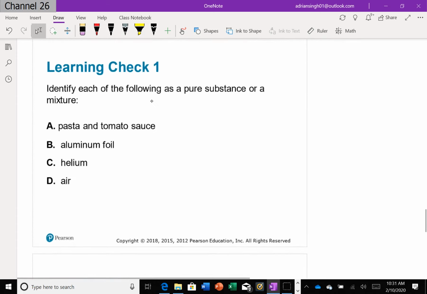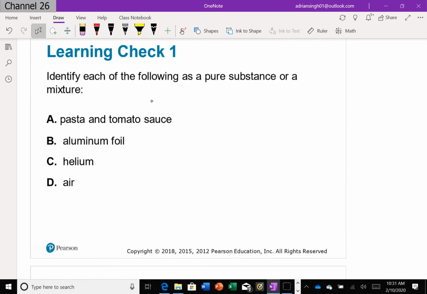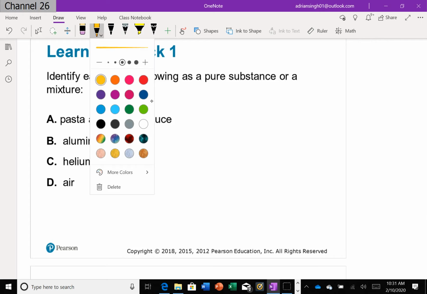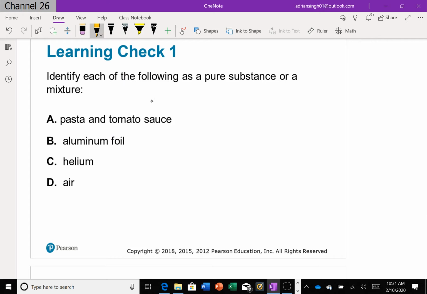All right, let's take a look at a couple other examples. Let's start down here. Let's start with D. Pure substance or a mixture? The air that you're breathing in right now, is it made up of just one? No. Mixture. It's a mixture.